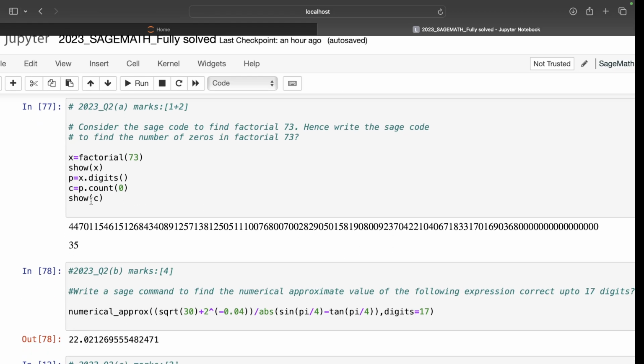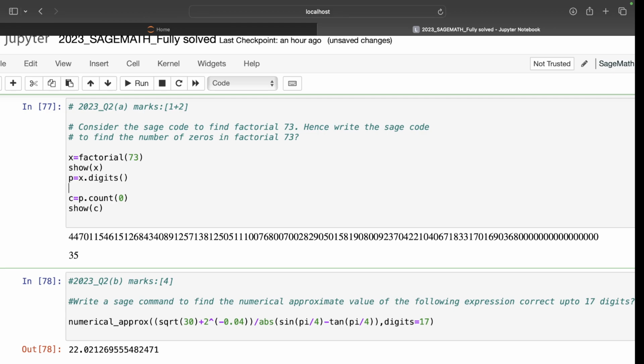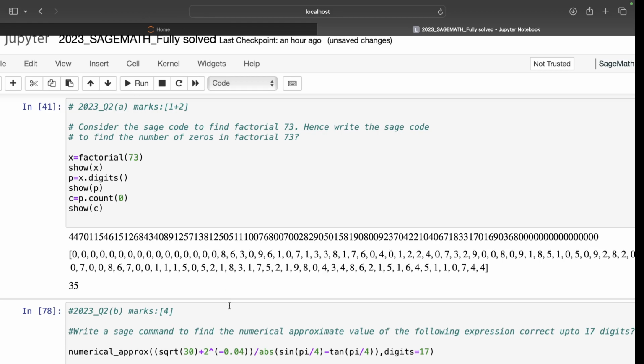If you put P, show P, and run this Sage code, P displays all the digits separately. So here there are 35 zeros. P dot count 0. We can also write P dot count 1, P dot count 2, to find how many 1s or 0s there are in this factorial.